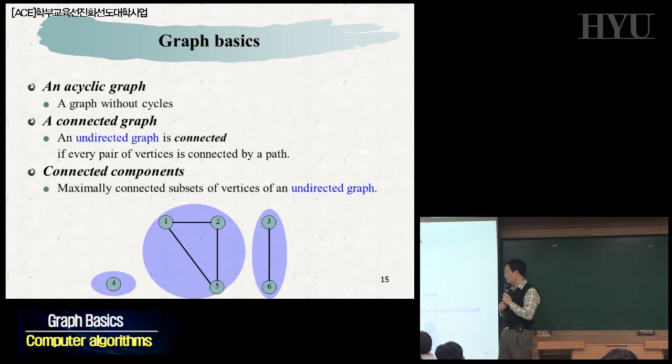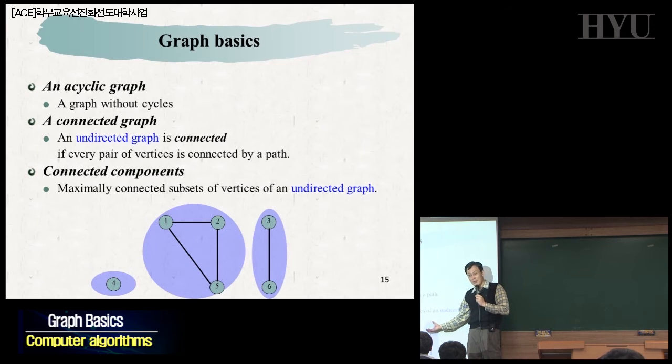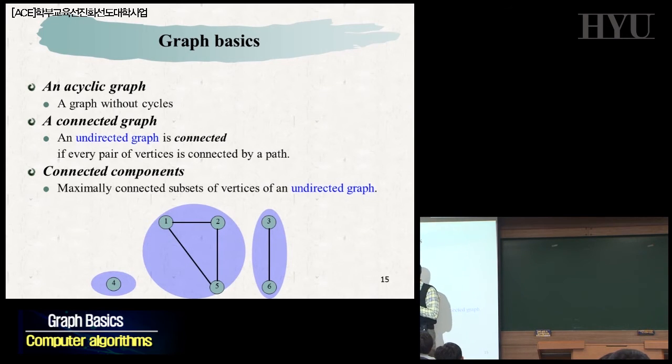If we only had the condition that every vertex should be connected, then, as you said, this one could be a connected component, only 3. But this component is included in this component, so it isn't maximal. So we only choose maximal subsets. So there are only 3 connected components.